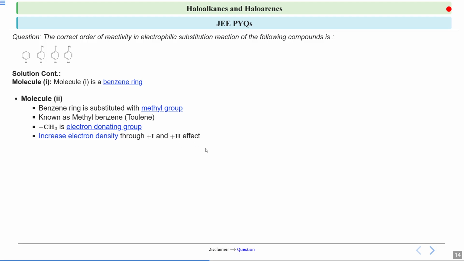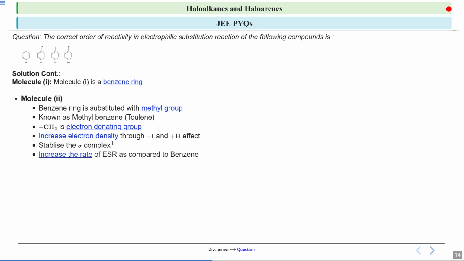The sigma bond between carbon and hydrogen donates its sharing electrons. The C-H sigma bond electrons will be shared towards the adjacent benzene ring. So through both these effects, plus I and plus H, the CH3, the electron donating group, will increase the electron density of the benzene ring, and this will stabilize the sigma complex after the bonding of the electrophile with it.